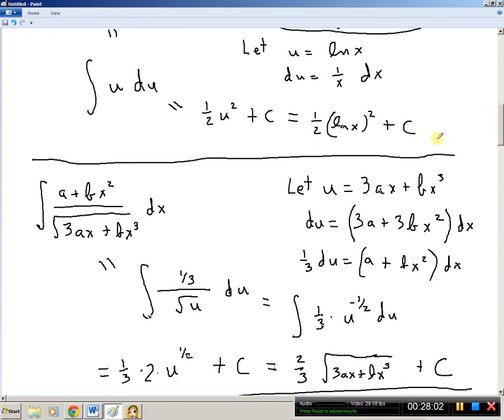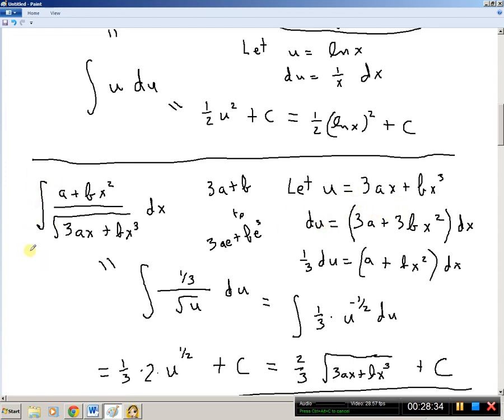As if u is equal to this, as x goes from 1 to e, u would go from 3a plus b to 3ae plus be cubed. Ugly, but easy enough to do. I mean, all you're doing is substituting the low value for x, which was 1, the high value for x, which was e, and then figuring that out.